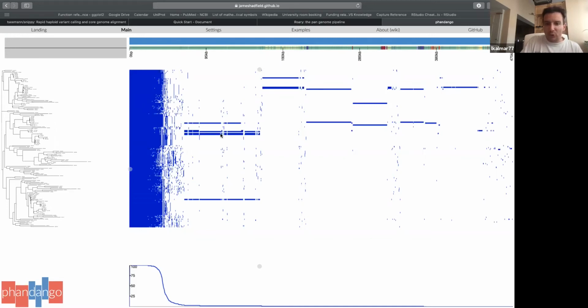But the more important thing is if you have some very closely related isolates. If you just, for example, look at this part here, I hope you can see this branch here. So this branch is actually sharing these genes, which you can see here. As you can see, these are all vertical lines, which means that those genes are all present in this small group.